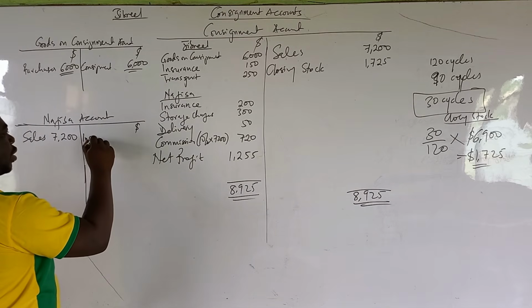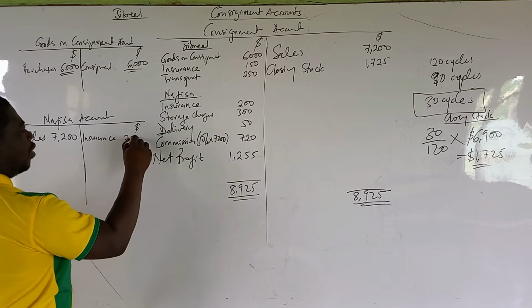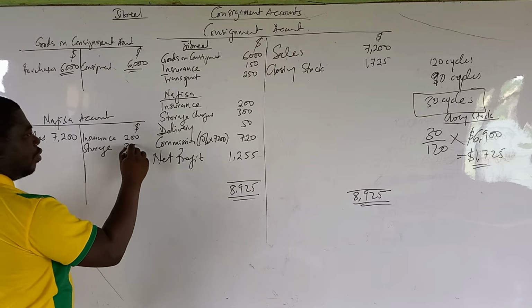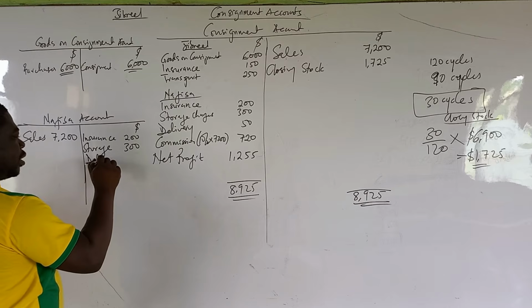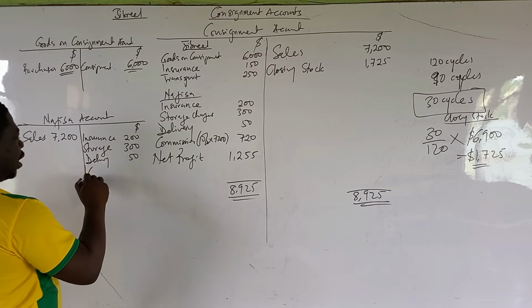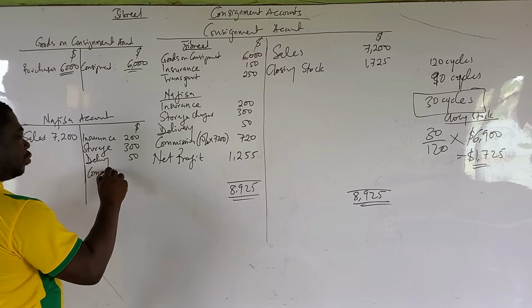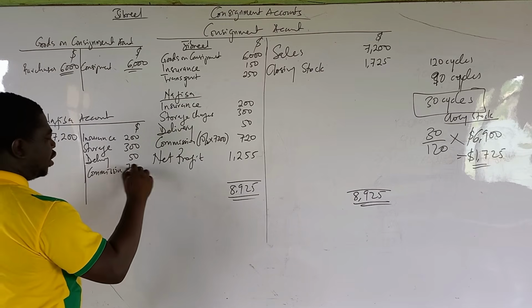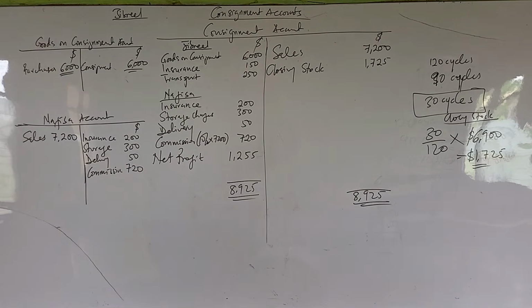So insurance, 200, storage, 300, delivery expenses, 50, and then the commission. Commission is 720. So this is how to go by Nafisa's account.